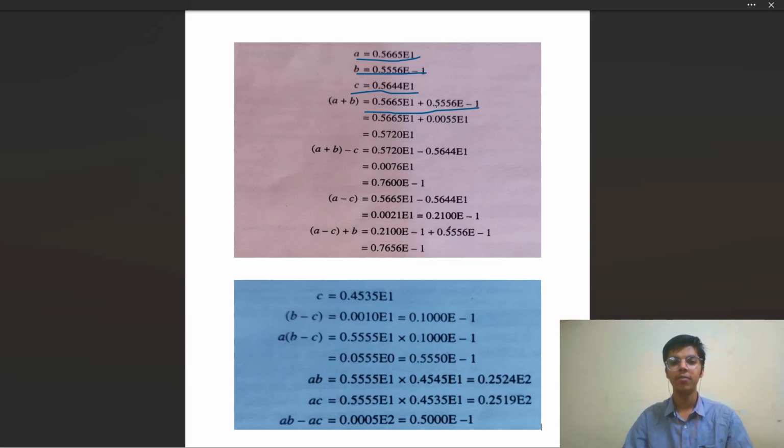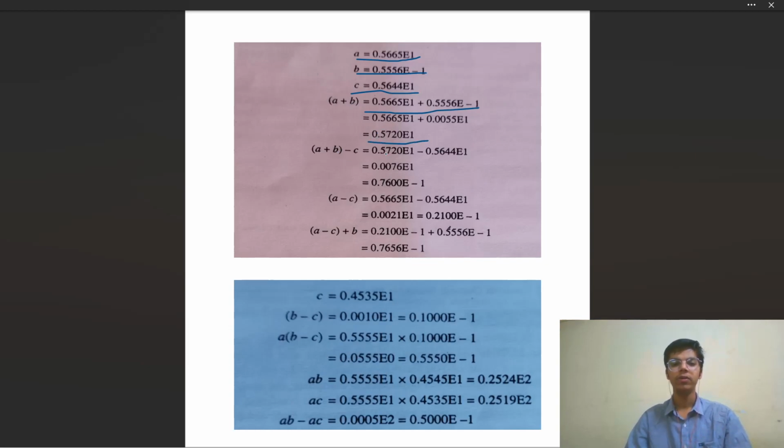But before adding them, we first have to normalize them, or make their exponential powers equal so that we can add them. For this, we have to change the exponential power of b to 1, and for this we have to shift the digits leftward. So the addition of a plus b is given here.